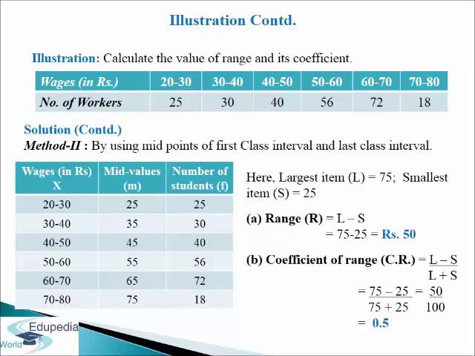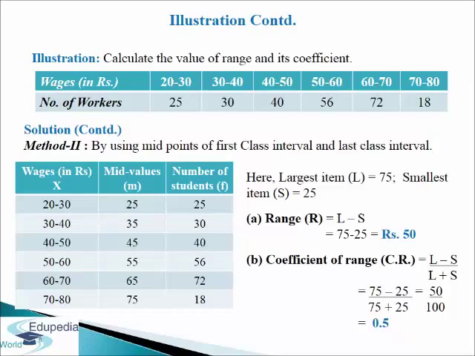In the second column, we will write mid values, which is denoted by letter M. So mid value of the class interval 20 to 30 is 25. Next is 35, mid value of 30 to 40, and so on. We will write the mid values of the particular class intervals. And in the third column, we will write number of students, that is frequency, which is given in the question.